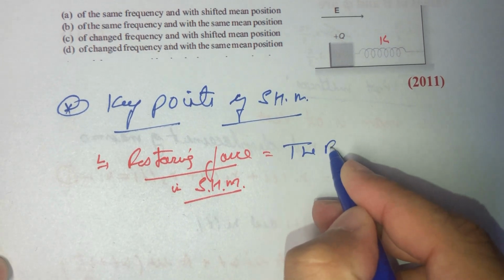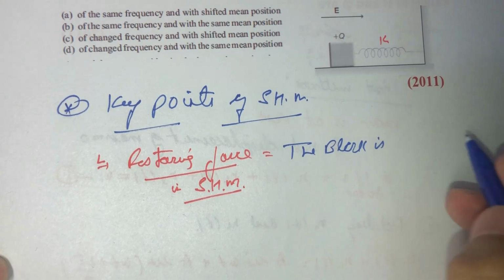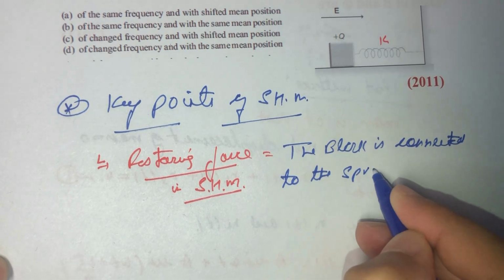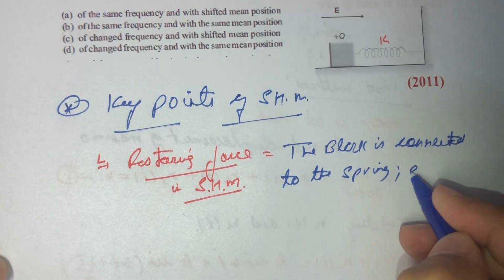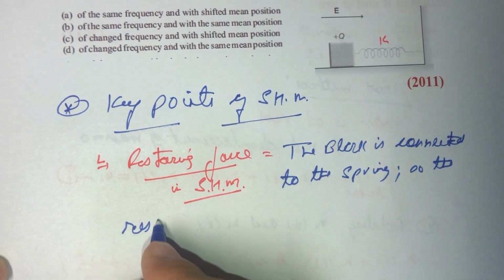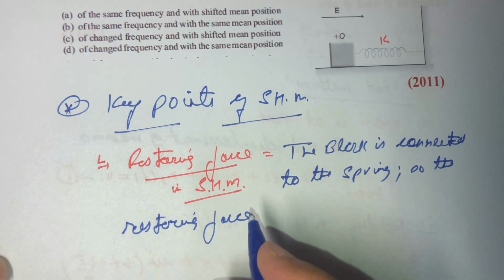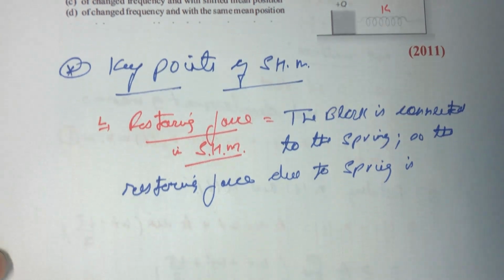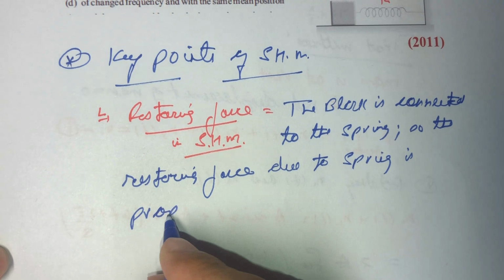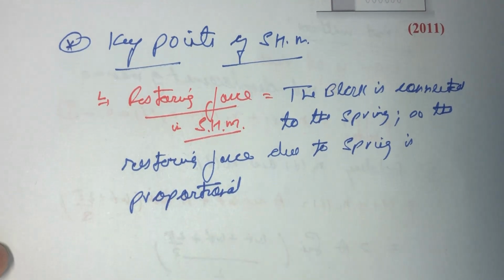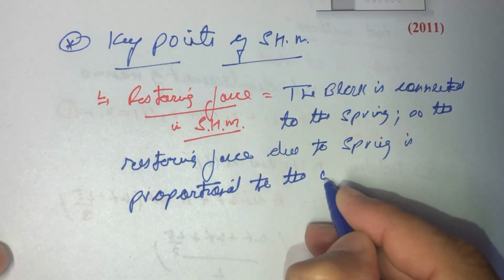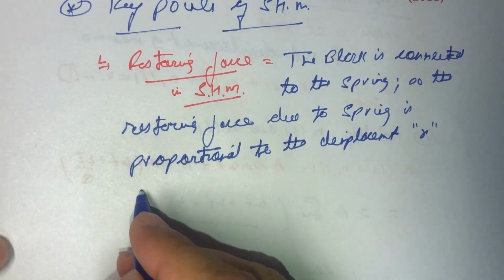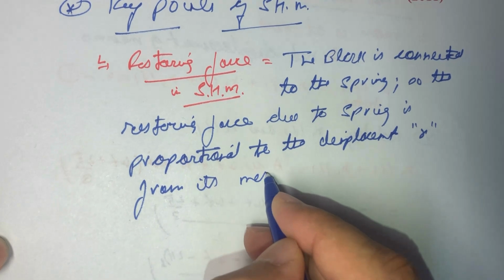the block is connected to the spring, so the restoring force due to the spring is proportional to the displacement, which we say is x, from its mean position.